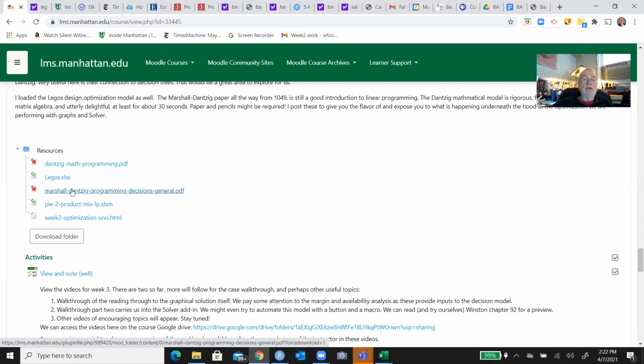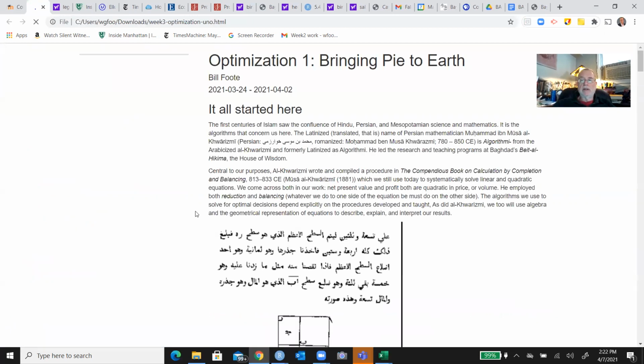Also referring, of course, to the optimization UNO HTML. Let me bring up the optimization UNO first just to orient ourselves. Here it comes. Yeah, it all started here.